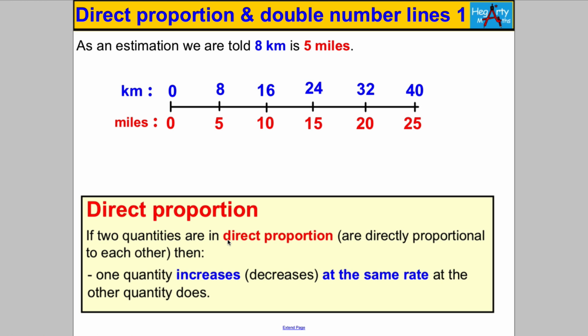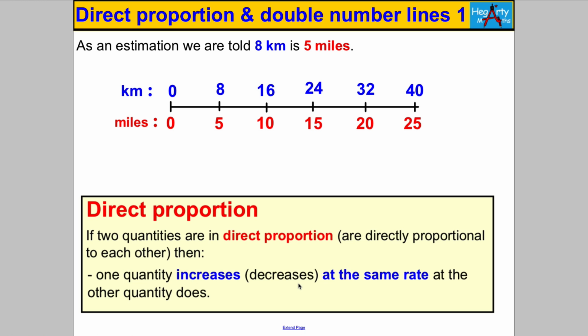So if two quantities are in direct proportion, or directly proportional to each other, then this is true: one quantity increases at the same rate the other does. If we double our kilometers, we double our miles. If we multiply our kilometers by 3, we multiply our miles by 3.